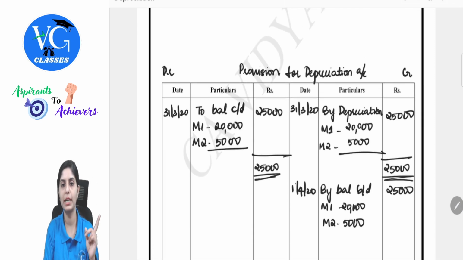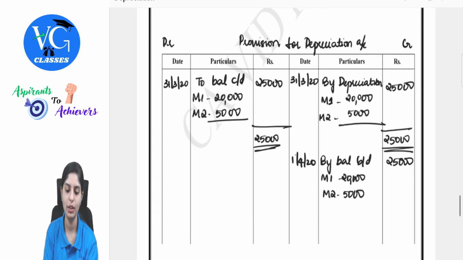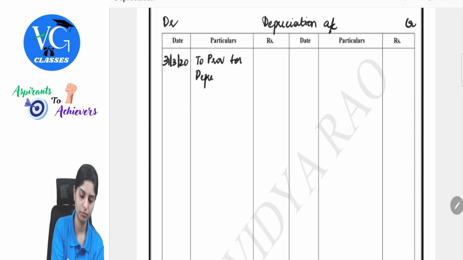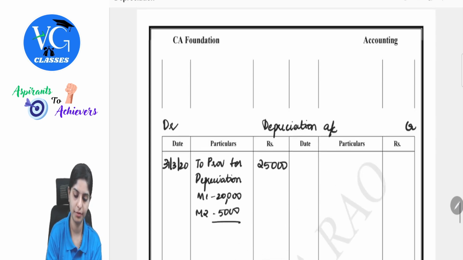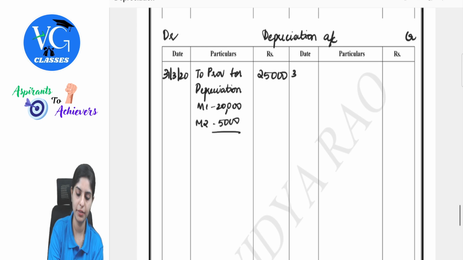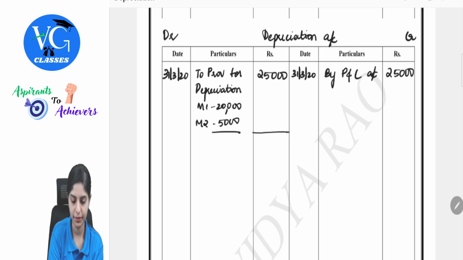They've also asked us to prepare a depreciation account, so the same will be reflected to provision for depreciation. 25,000: machinery 1 20,000, machinery 2 5,000. So depreciation is a nominal account, so it will not have any balancing figure. We will directly transfer it to P&L. By P&L account, 25,000.